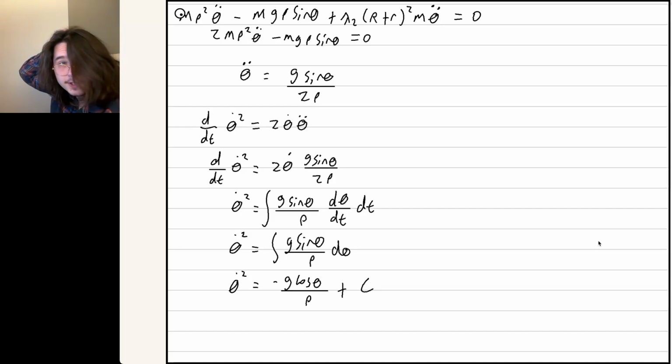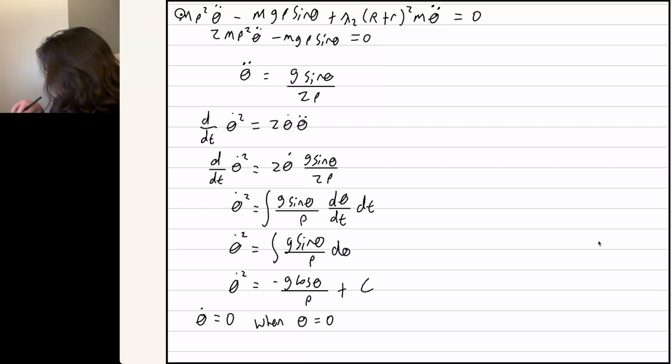Don't forget the integration constant, which we can also solve for, because we know that the hoop is starting at rest when it's at the top of the cylinder. So theta dot will actually be 0 when theta is 0.